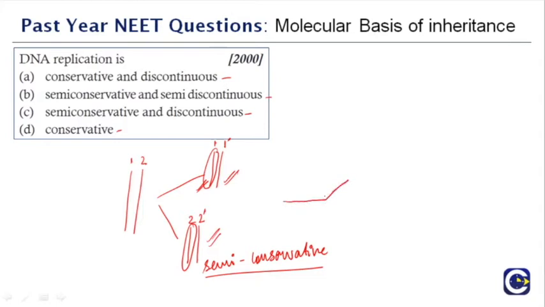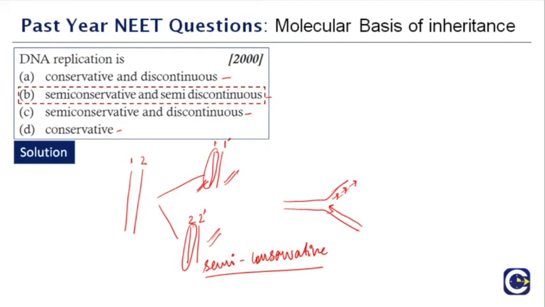This is because when there is formation of replication fork, the leading strand is synthesized continuously, whereas the lagging strand is synthesized discontinuously. And why is that? This is because DNA polymerase can add nucleotides only in 5' to 3' direction. Okay. So the right answer here is B. DNA replication is semi-conservative and semi-discontinuous.